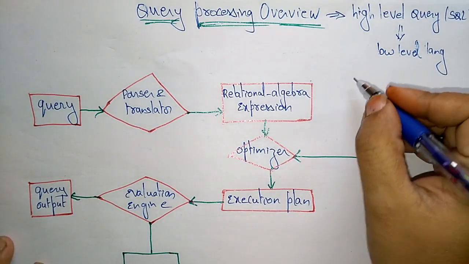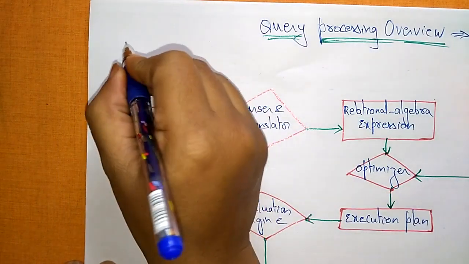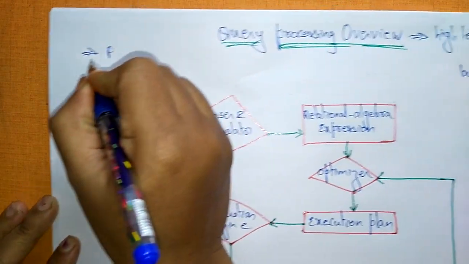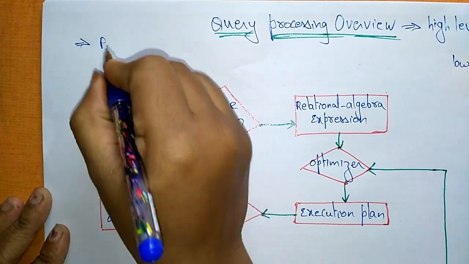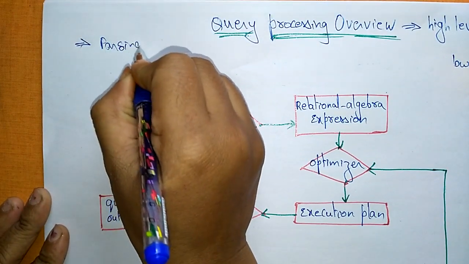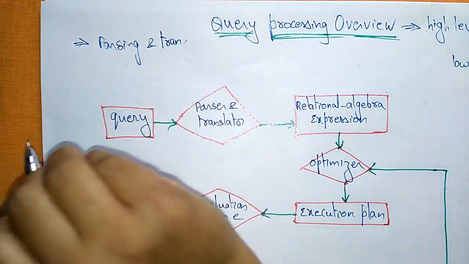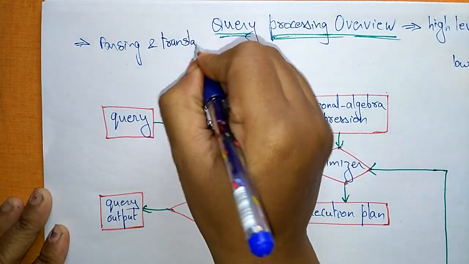So the basic steps of query processing are, first, parsing and translation.